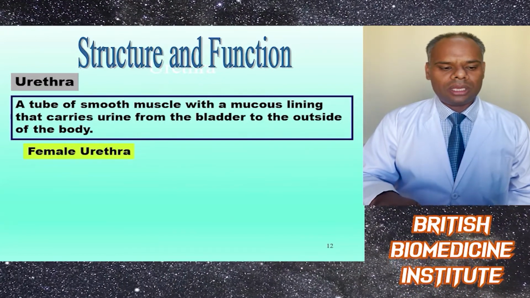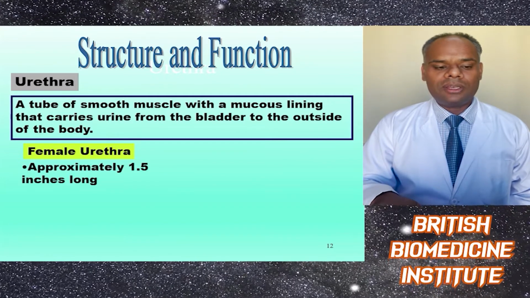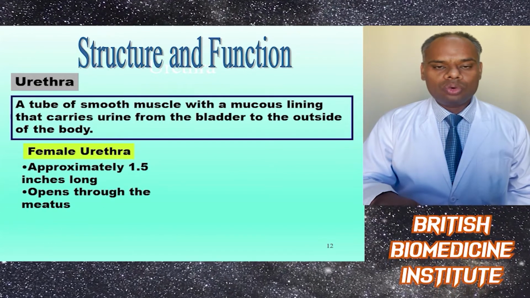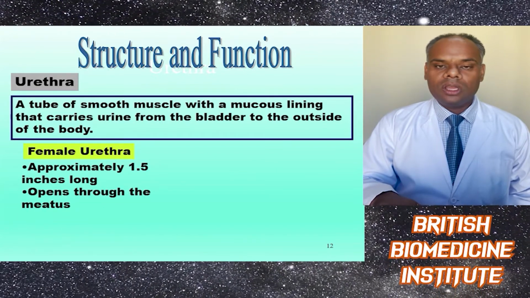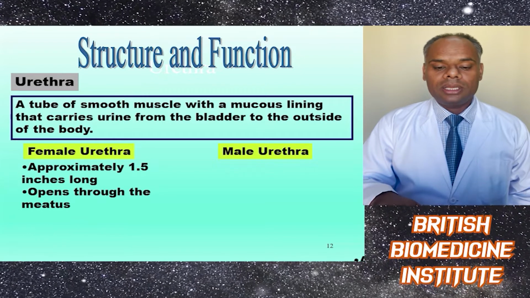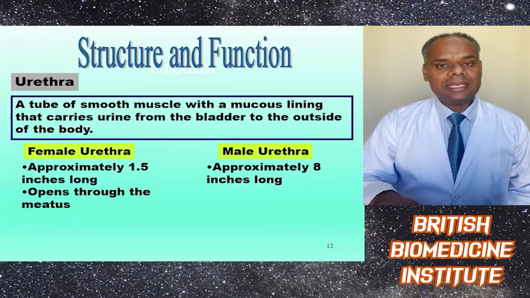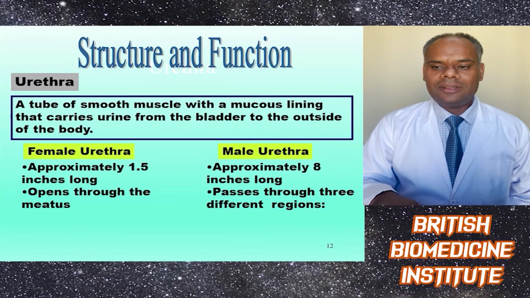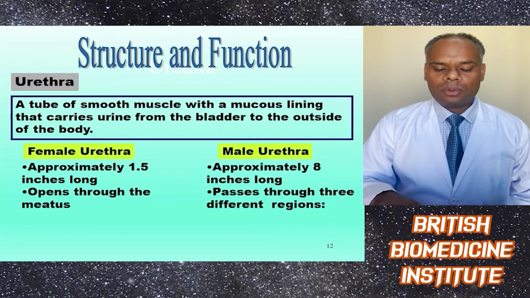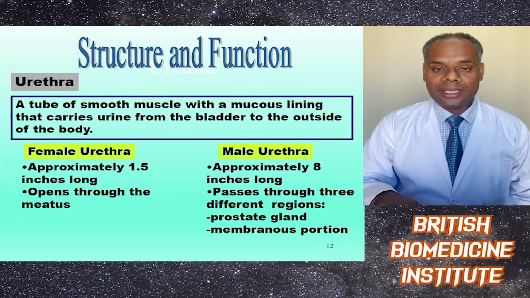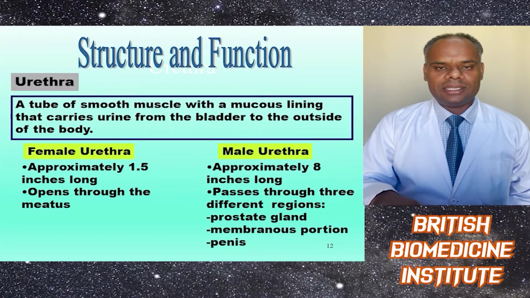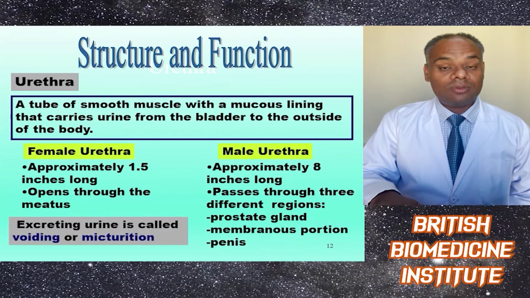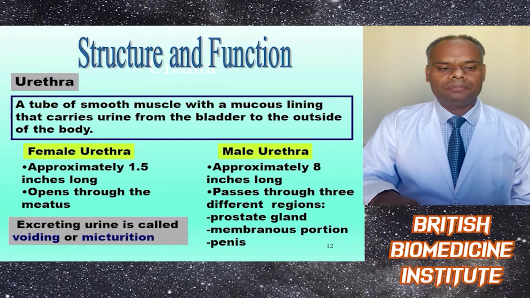The female urethra is approximately 1.5 inches long and it opens through the meatus, whereas the male urethra is approximately 8 inches long and it passes through 3 different regions: the prostate gland, the membranous portion, and the penis. Excreting urine is known as voiding or micturition.